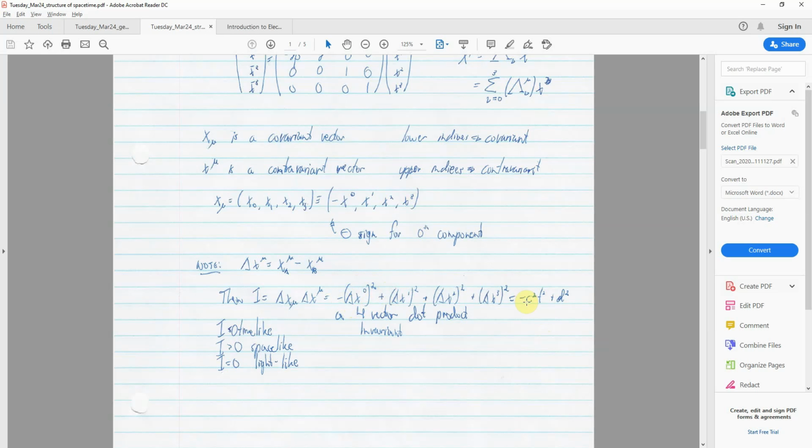And so in total, this gives us minus c squared times t squared plus d squared, where d squared is delta x squared plus delta y squared plus delta z squared. And this was your question for the daily assignment, describing the differences between time-like, space-like, and light-like.